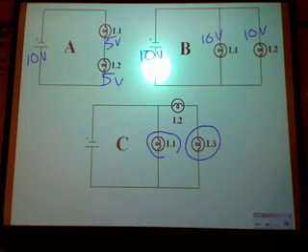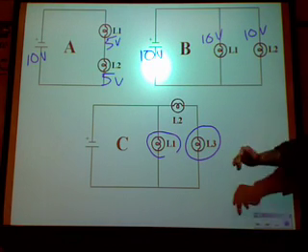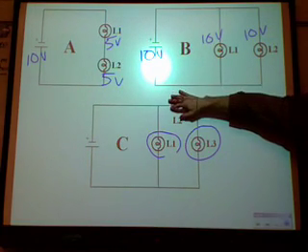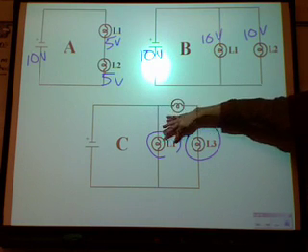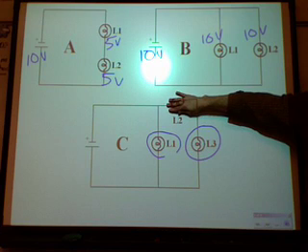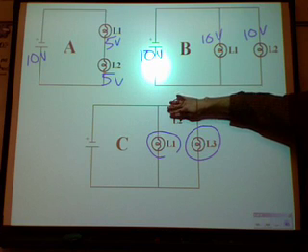You know, I want to know the relationship between Megan, Lynn, and Marissa. I don't care about the rest of the class. Sorry, don't take it personally, but you don't matter. Just those two. So what I do is I just ignore this one. I pretend it's not there, it's just a wire, okay? If I do that, what would you say the relationship is between these two? You would say they're in parallel, right?